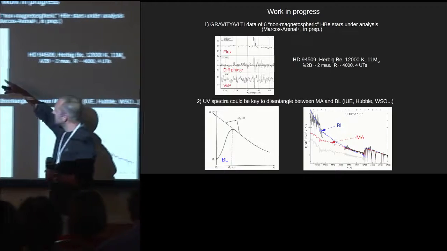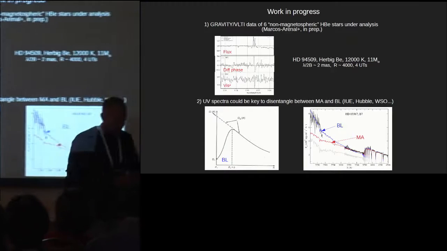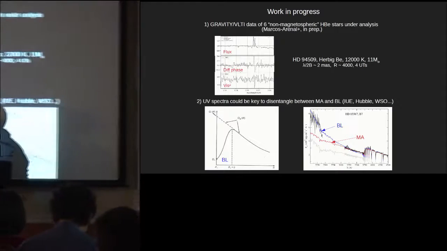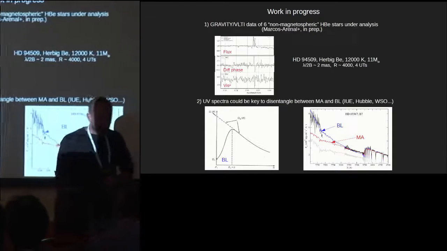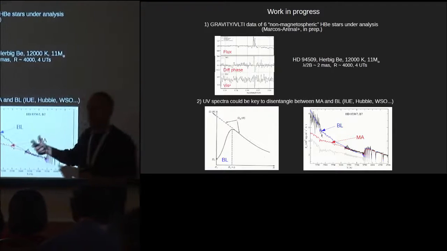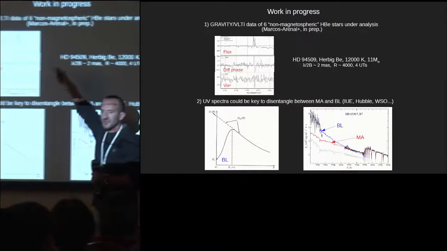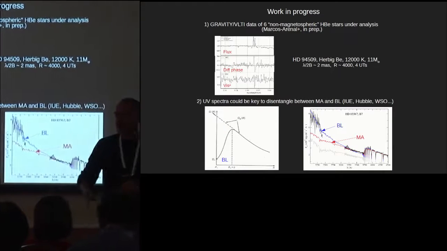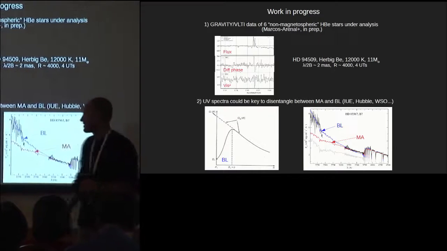This is very preliminary. Just the other day I saw this preliminary data reduction, but it's just to show that there are some spectrointerferometric signals. So the goal is just to compare how these objects behave compared to the previous data we have with AMBER or with GRAVITY for Herbig Ae stars.